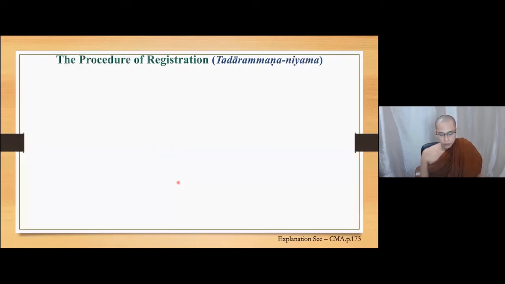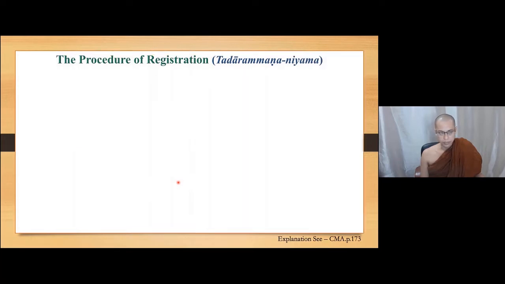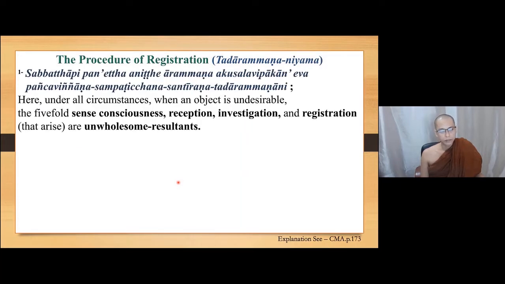Then the procedure of registration, the Tadarammana Niyama. Here the text says Sabbatthapi Panittha Anittharammane. Anittha is undesirable, and Arammana is object. So Anittharammane here refers to an undesirable object. And Akusala Vipaka Neva Pancavinnana Sampaticchana Santirana Tadarammani.